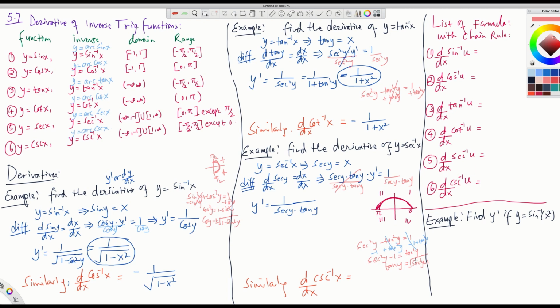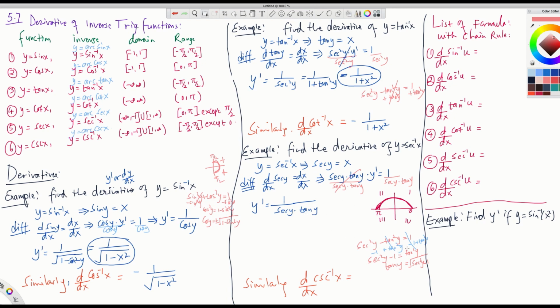You can write plus and minus there, but the product of these two must be positive. Because when y equals secant inverse x, the y falls in the first and second quadrant, because the range is that. If it is in the first quadrant, everything will be positive. If it is in the second quadrant, both secant and tangent will be negative, so the whole thing will be positive.